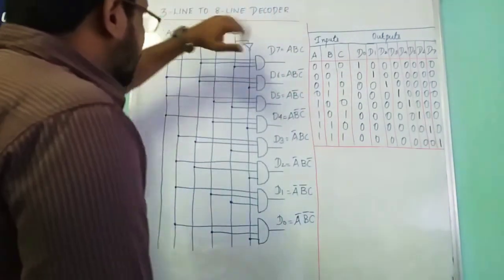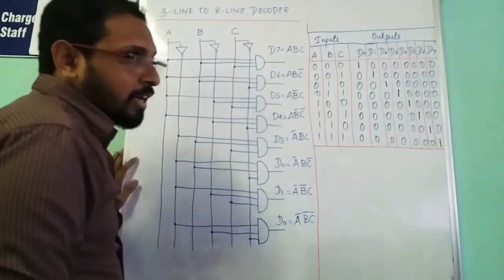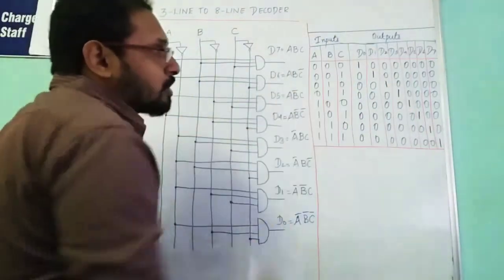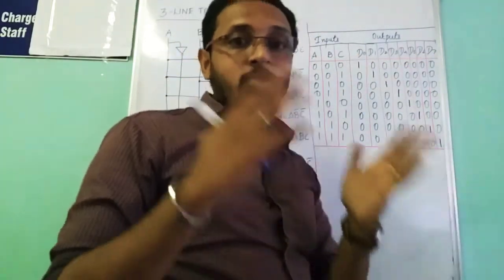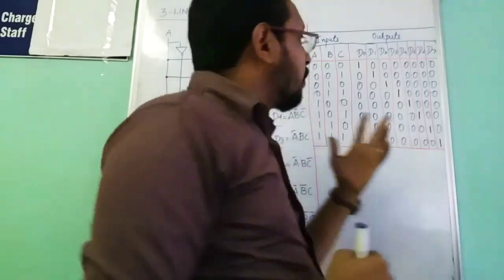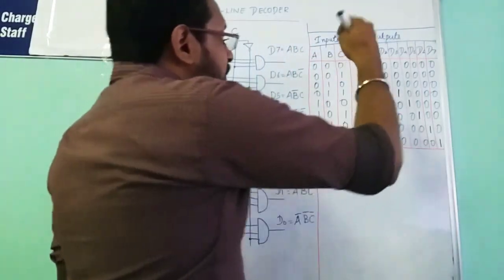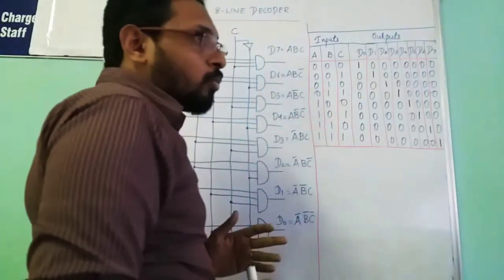A 3-line to 8-line decoder means we have given 3 inputs A, B and C, and based on those inputs we have constructed 8 outputs, 2 raised to 3. When we have 3 inputs, the combinations will run from 0 0 0 to 1 1 1.